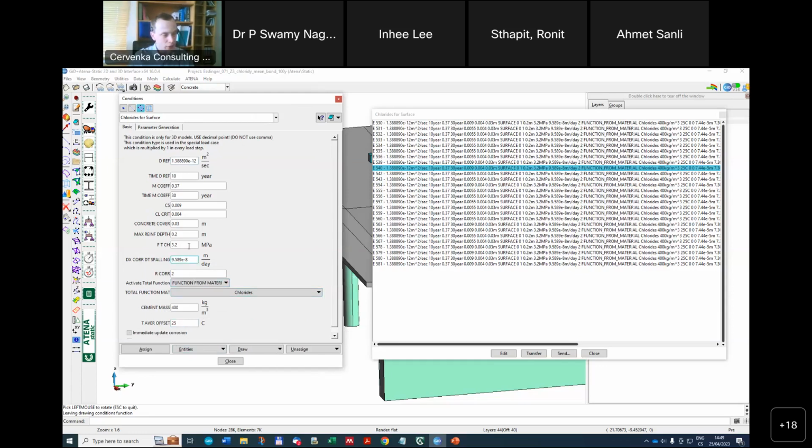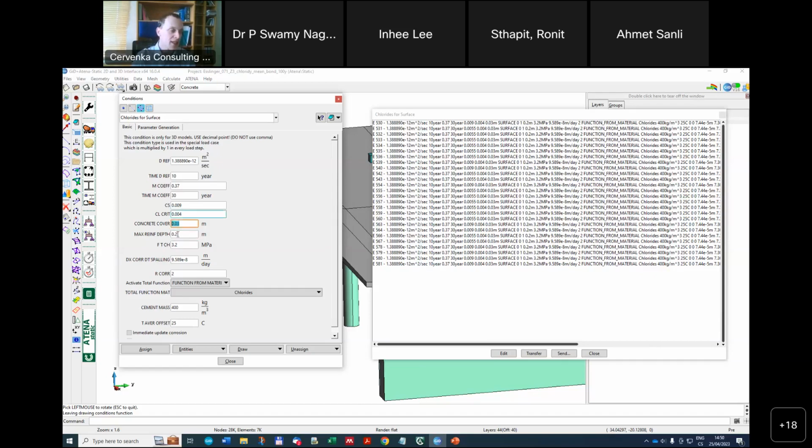Maybe I would like to bring your attention to this output, which is the concrete cover. This is not used in any way for the actual estimation of the chloride diffusion speed or reinforcement corrosion, but it's mainly a post-processing variable, which can be later used if you want to review the chloride content at some given depth under the concrete surface.